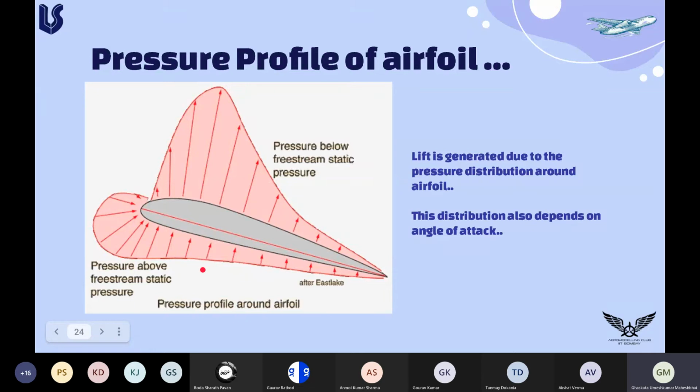Also this distribution depends on the angle of attack, meaning the distribution changes with alpha. As we increase alpha, this distribution will change. So I hope the pressure profile of the airfoil is clear.